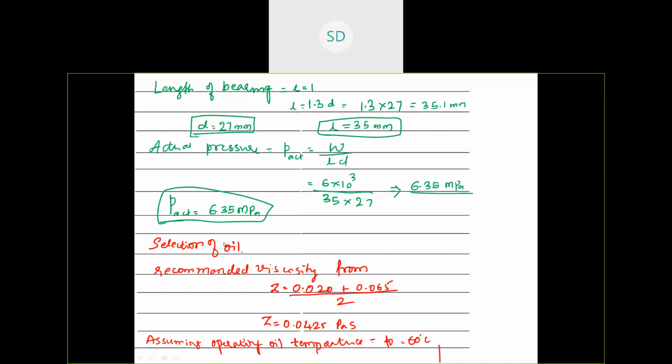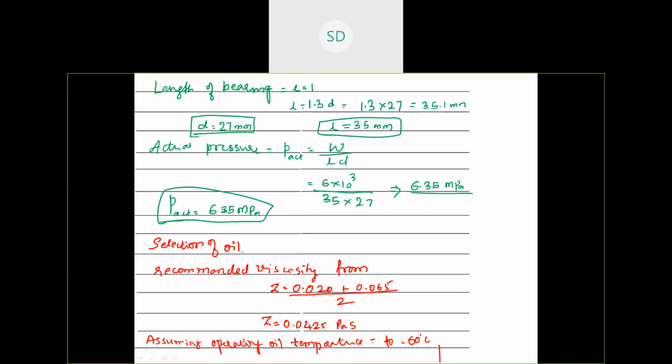Last class we did the calculation of actual pressure, which comes after finding out the diameter of the journal as well as the length of journal. Now let us go for the selection of oil.